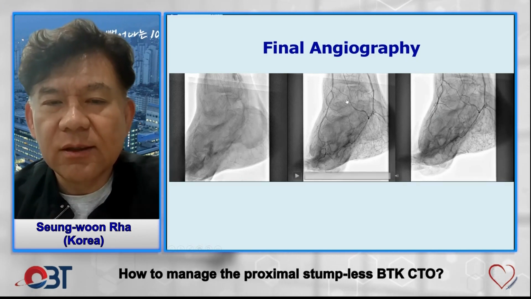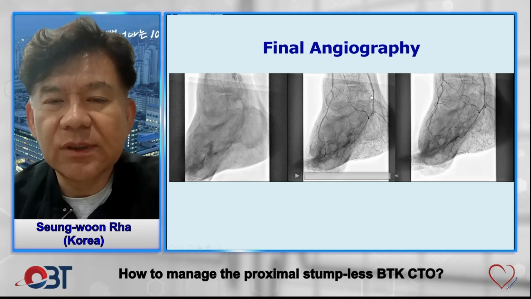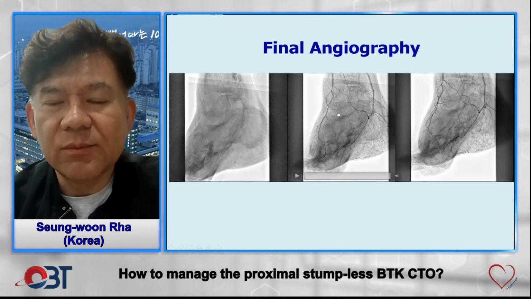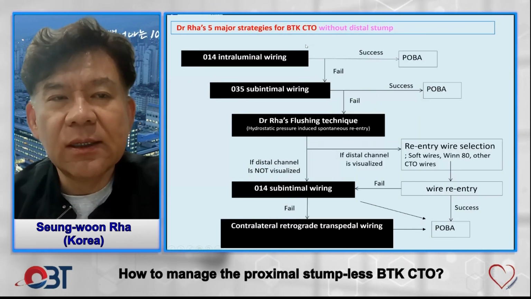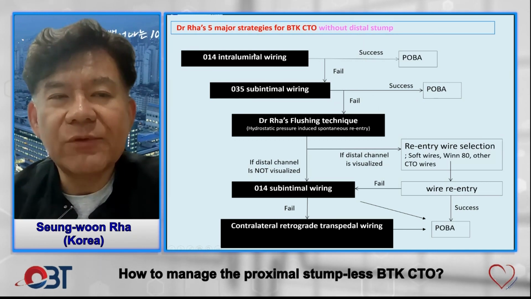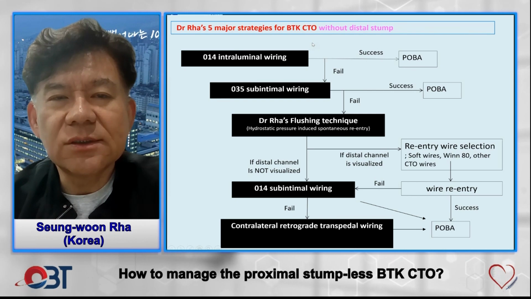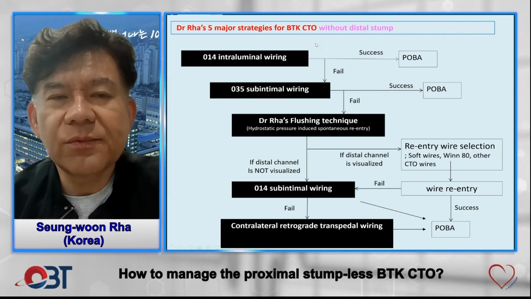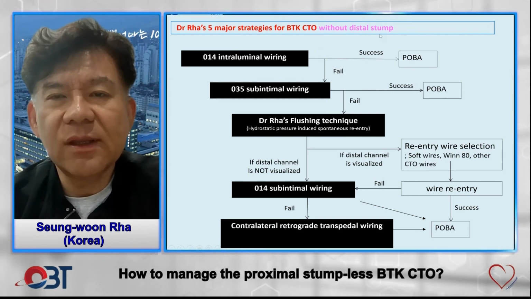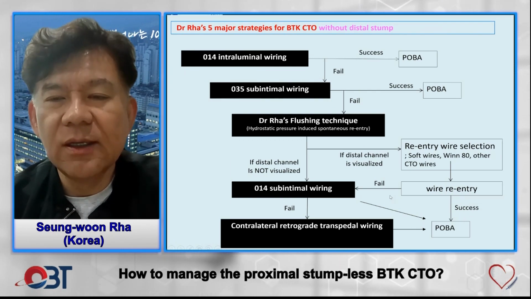Baseline observation of the distal loop arch must be very important. Okay, I will summarize. I showed you just two cases of stumpless, proximal stumpless, but for the distal stumpless I also developed a 5 method, how to find out the distal no stump cases.